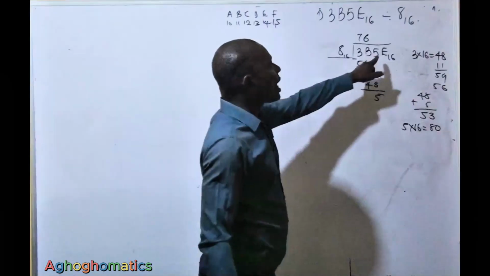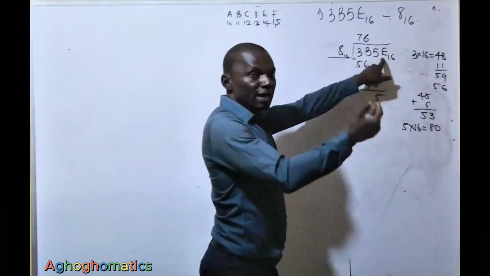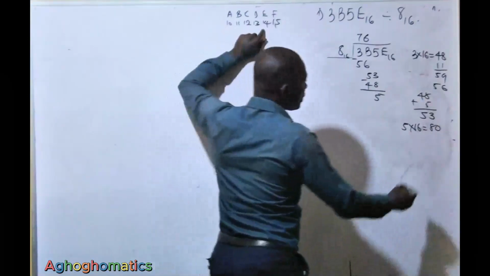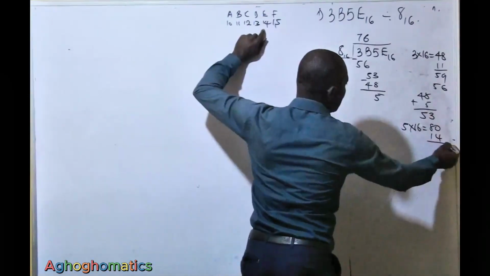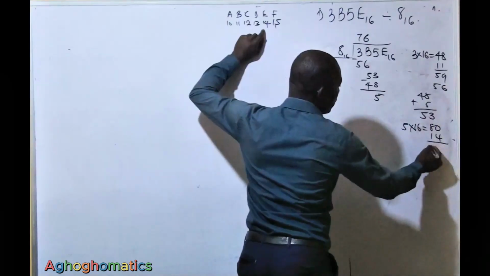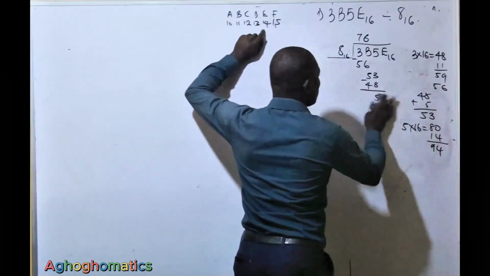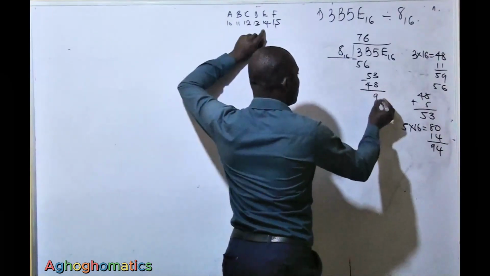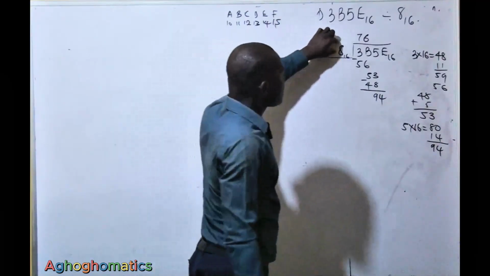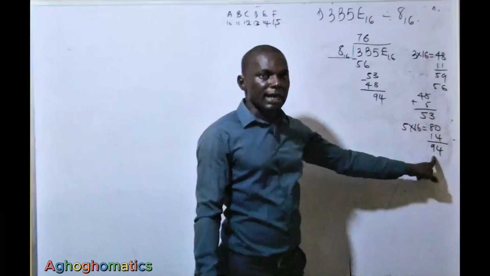Remember, you must add the next digit to the right of it, and E here represents 14. So 14 added to 80 gives 94. So let's ask how many 8s are contained in 94.